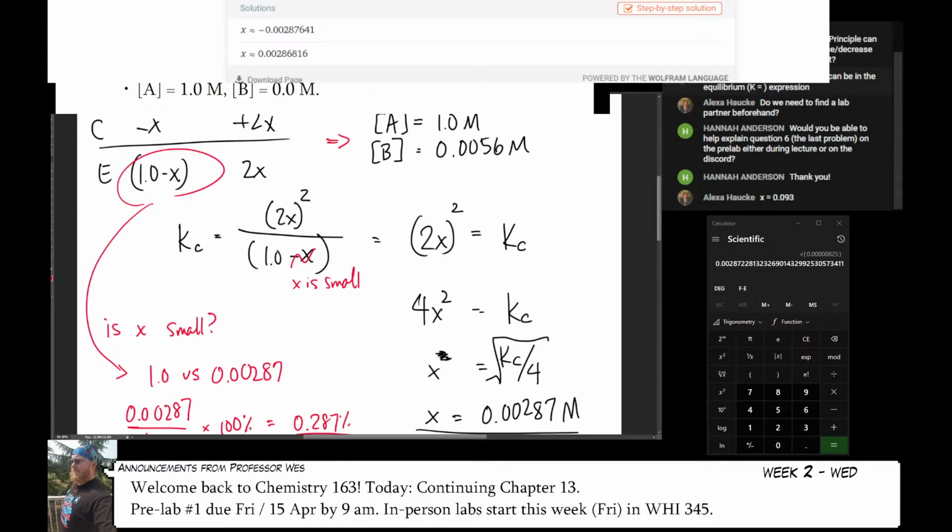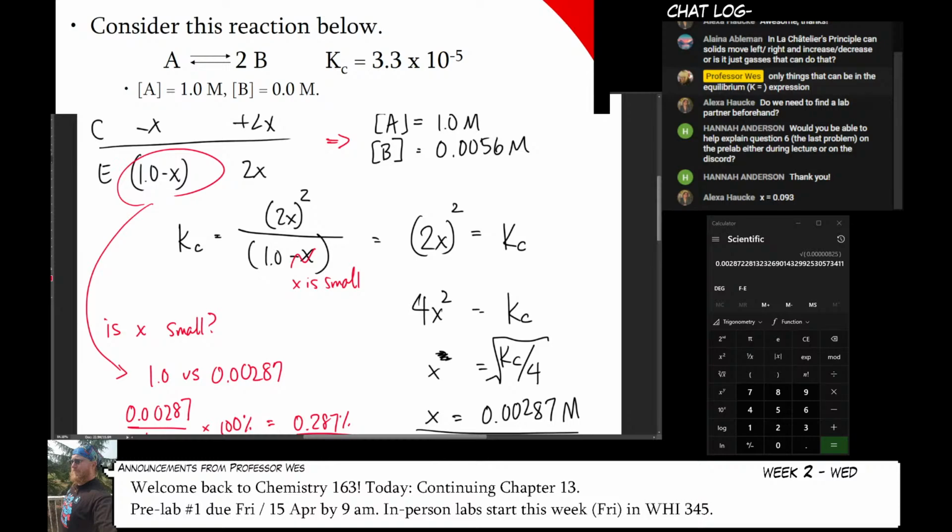And this type of problem is now a problem that you can do on a piece of paper in a classroom. So this is what I'm basically going to be testing you on: problems where the x is small approach is valid.